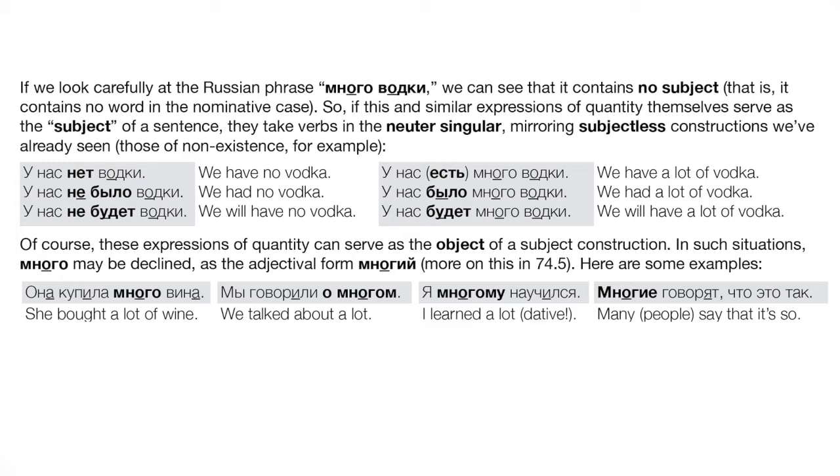A lot of stuff. Well, we need prepositional. We basically need много to serve as the prepositional case object of о, right? In that case, we use it basically as a hard adjective. Мы говорили о многом.